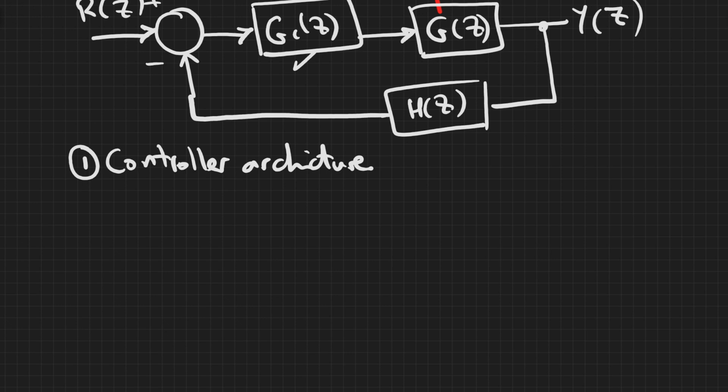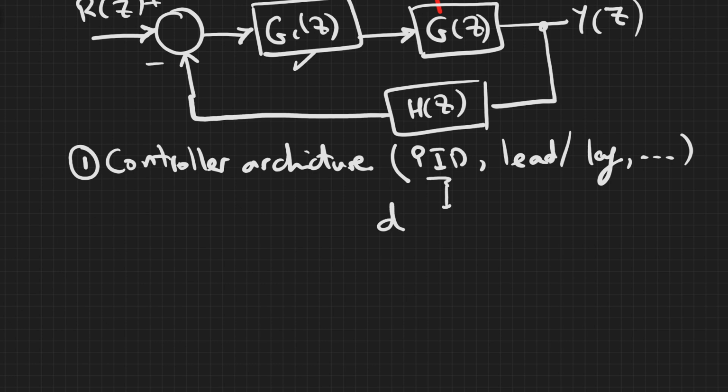So, for example, in continuous time, we talked about PID, and lead and lag compensators, and things like that. But now since we are talking about digital control, we have a digital PID controller, we have digital lead and lag compensators, and so on.